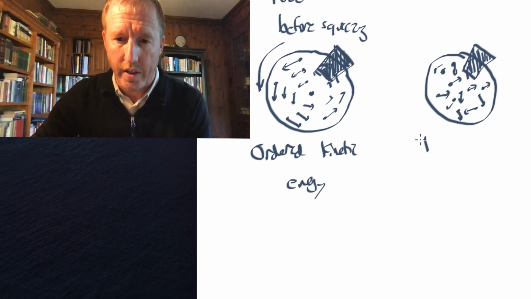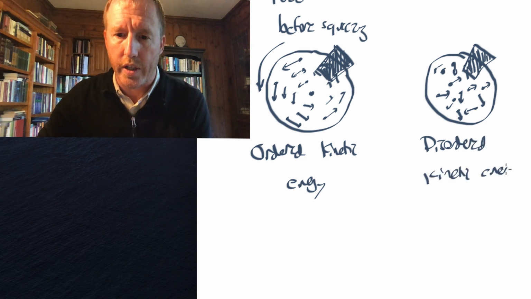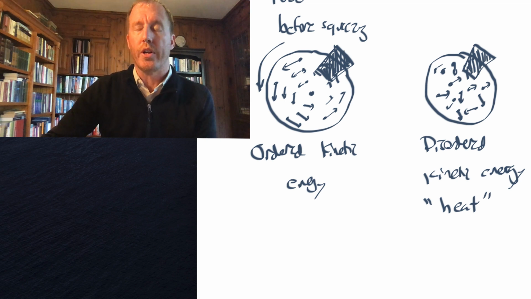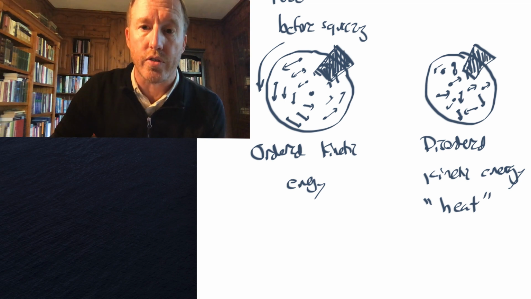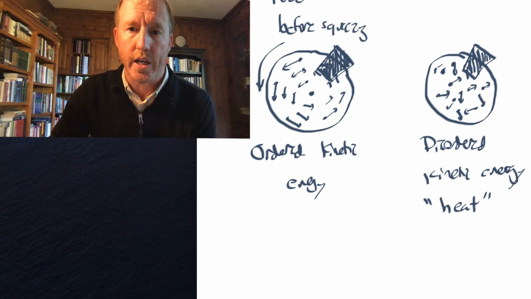And this is a state of disordered kinetic energy. And disordered kinetic energy is what we mean by heat. So sometimes you'll hear it said that the kinetic energy turns into heat when you apply the brake pad and slow this down. You could equally say this ordered kinetic energy turns into disordered kinetic energy, and heat is just a synonym for disordered kinetic energy.